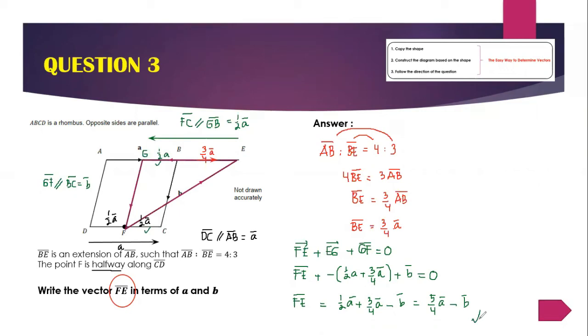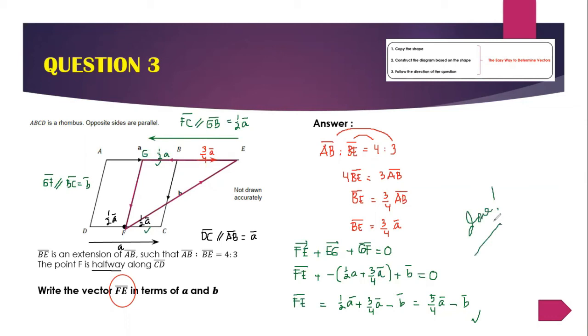Done, good. The point F is halfway along CD. Writing vector FE in terms of a and b is done: vector FE equals 5 over 4 vector a minus vector b.